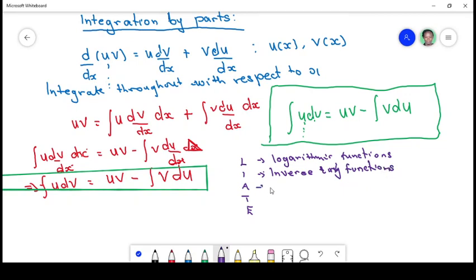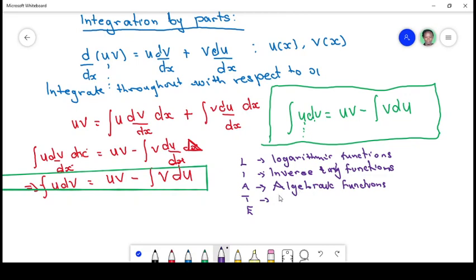A is algebraic functions. T, what do you think T will be?